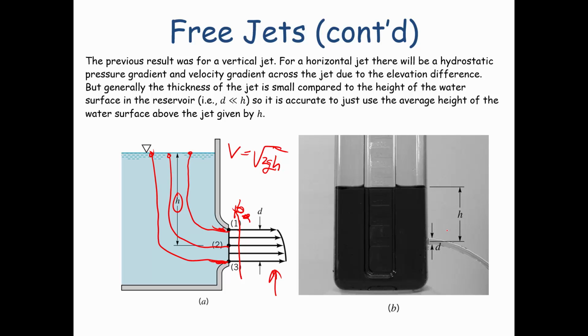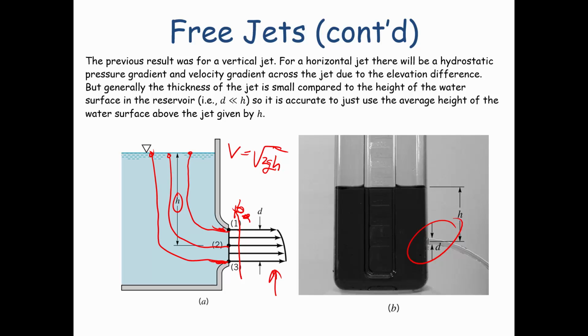And what you see over here is an example of it in a laboratory setting, where you've got a container that's got a hole in the side. The jet is coming out. It appears that the streamlines are probably parallel to each other and not converging in any way, but we will look at that in more detail.